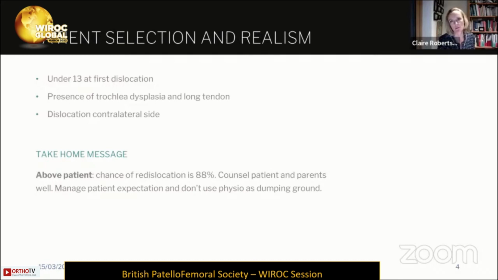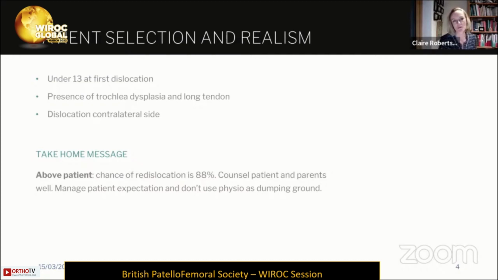If we've got someone that's 13 or under at first dislocation, they are much more likely to redislocate. And as we've been hearing about the structures, if they've got trochlear dysplasia and long tendon, again, that really increases the likelihood. And interestingly, if they've had a dislocation on the contralateral side. So these are easy things that we can be looking at to help judge, is this person going to be a good candidate for physio, or actually are the odds against them?